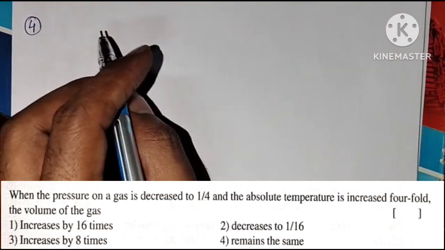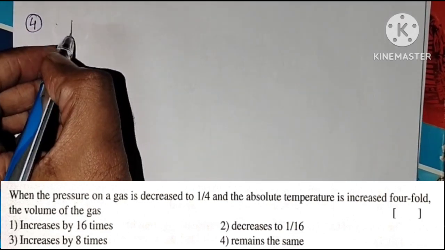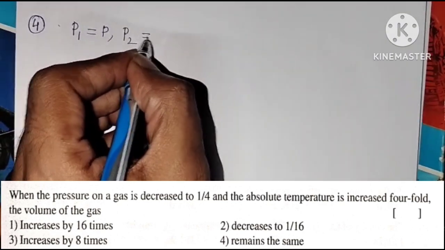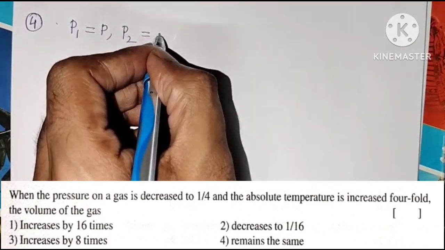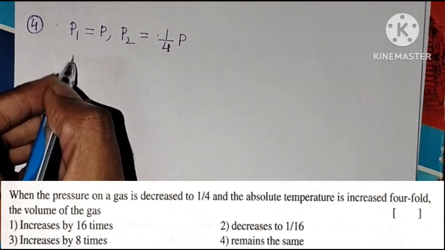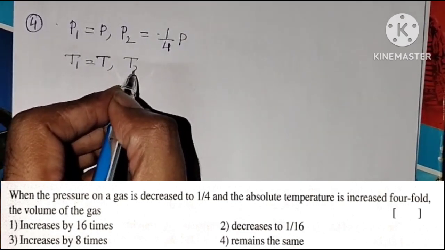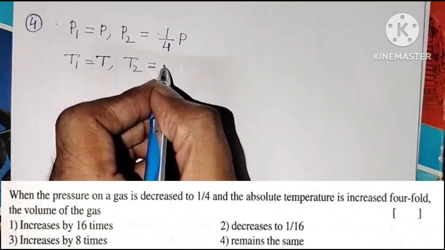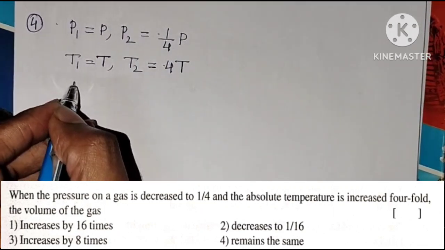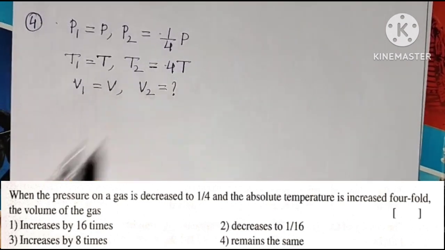So first of all, here initial pressure P1 is equal to P, and final pressure P2 is equal to 1/4 of initial pressure, so P2 is equal to 1/4 P. Let us say initial temperature of the gas is T, and final temperature increased 4-fold, means 4 times the initial temperature. Let us say initial volume V1 equal to V, we have to find final volume.